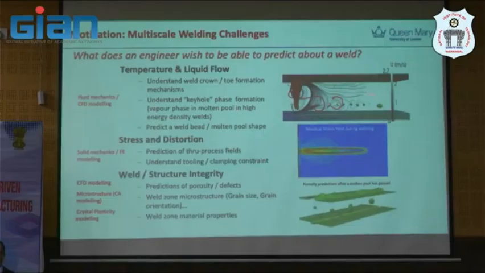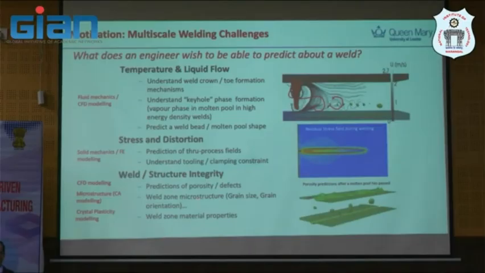Again, this is something I haven't mentioned here yet. In terms of the stress and distortion, we want to predict a true process field, and then this is used for solid mechanics. As mechanical engineers, it may be more relevant to you now. Understand the tooling or clamping constraint as well, if it's applied to your system.